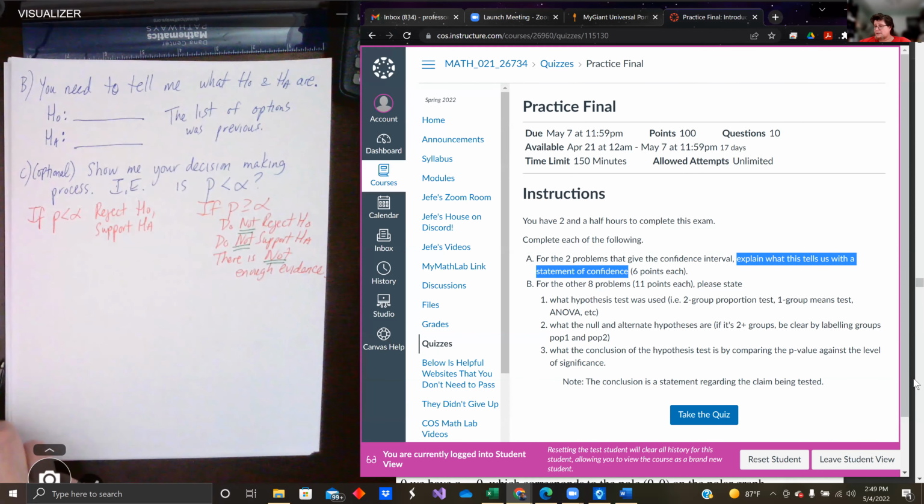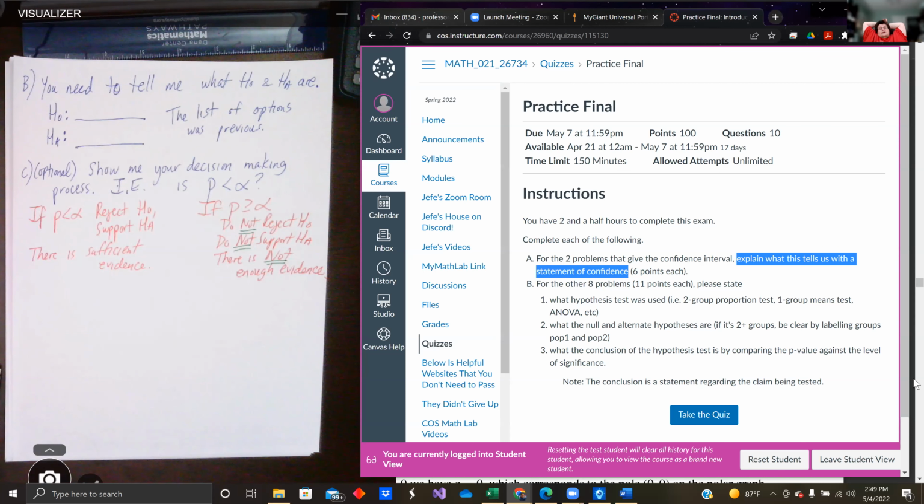So comparing p-value and alpha and putting which symbol is correctly in there tells me your decision-making process. The reason why I recommend you put it there is if you're wrong in part D, you're going to lose a lot of points because that's what this is all about.